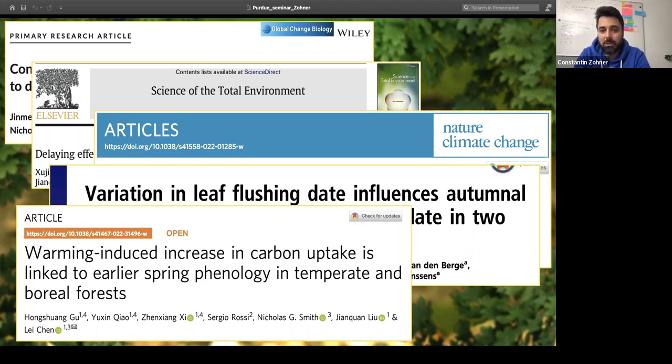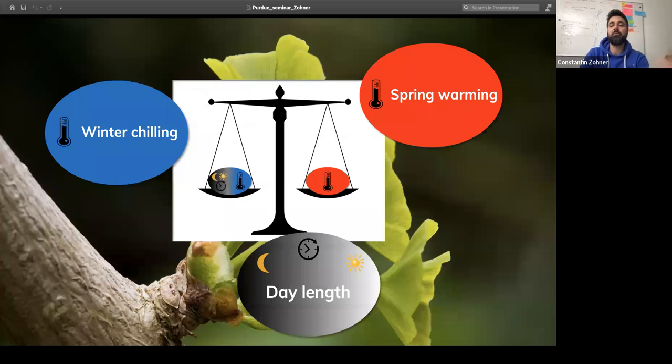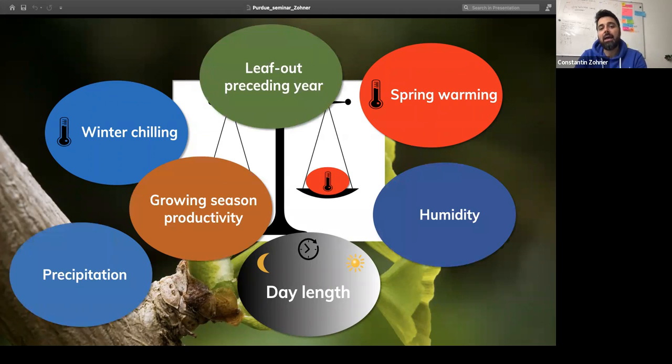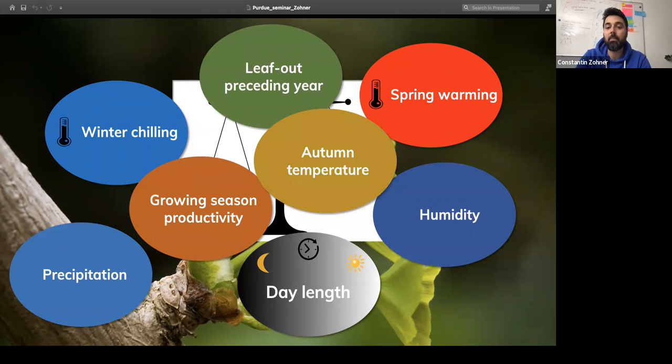And I was always thinking that if these drivers are all true, we are way out of our ability to predict anything anymore, because there are so many drivers now. So apart from these three historic drivers, we now have humidity, precipitation, and many more drivers that might play a role, making it really complex to predict what's going to happen in the future.